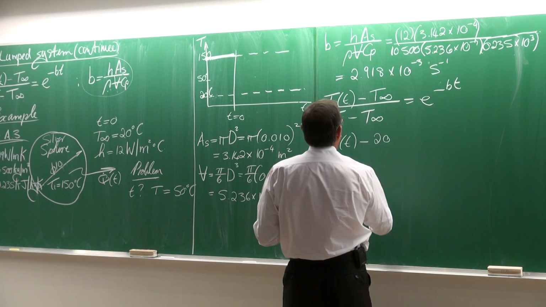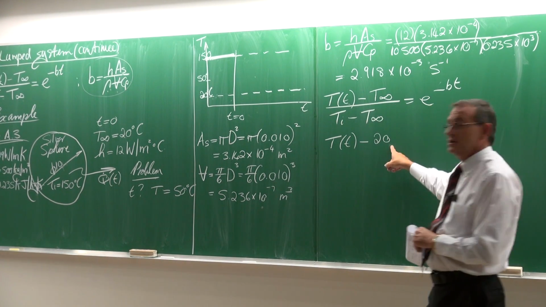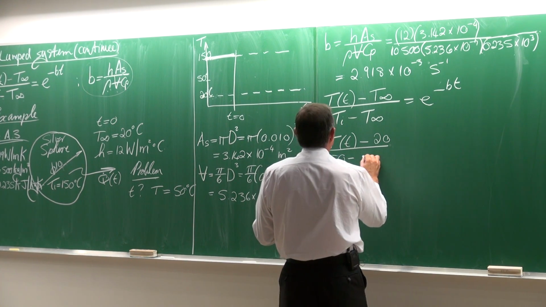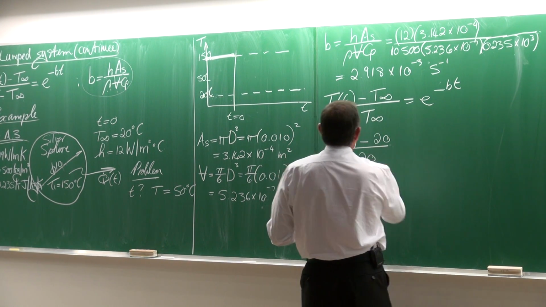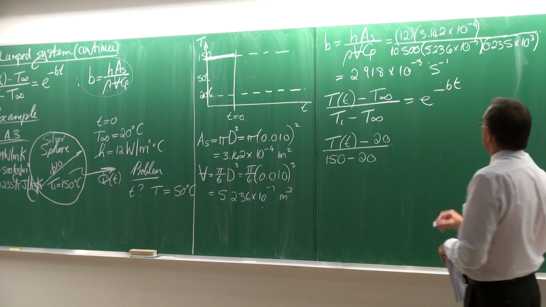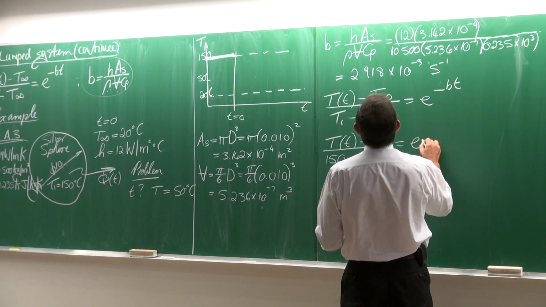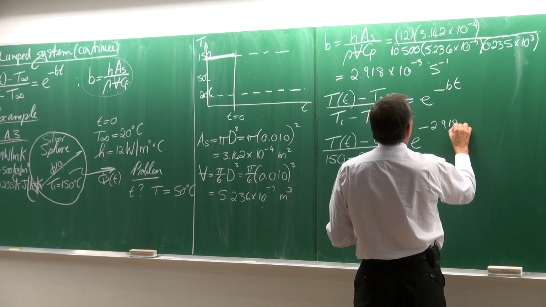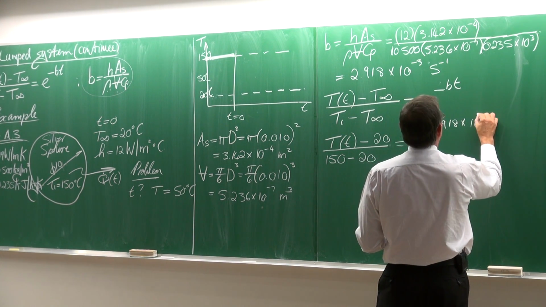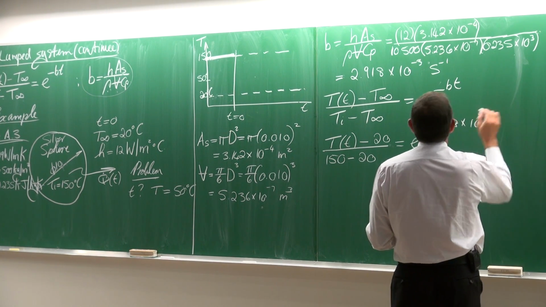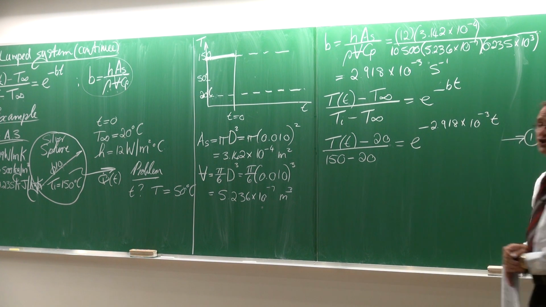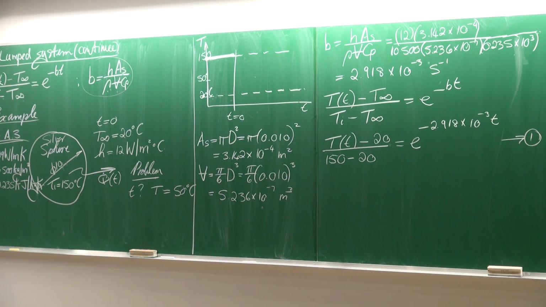The environment temperature is 20 degrees, divided by the initial temperature 150 minus the environment temperature again 20, is equal to E to the minus B, and that is 2.918 multiplied by 10 to the minus 3 T. Okay, and I want to name this equation, equation 1, because I'm going to come back later to it. So it's just in that general format.